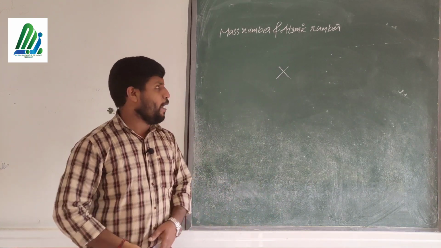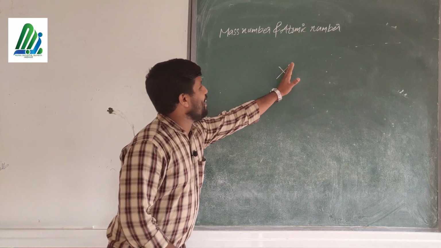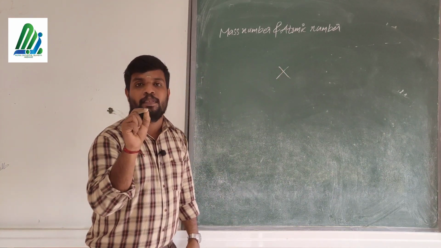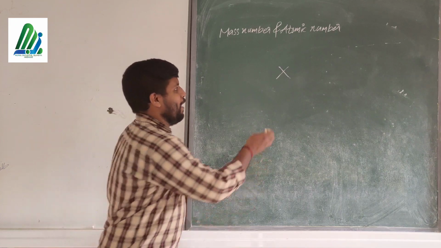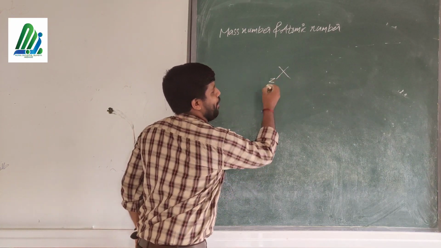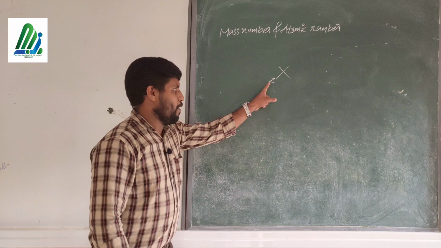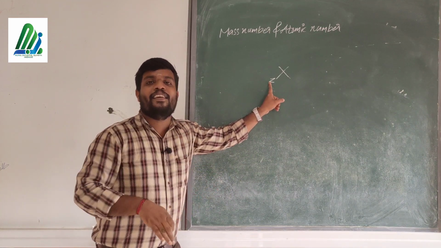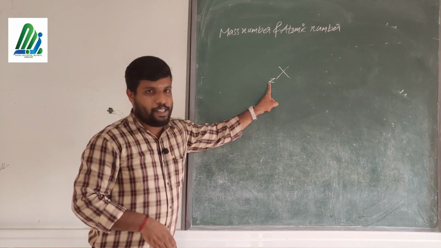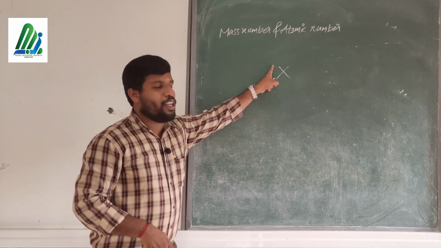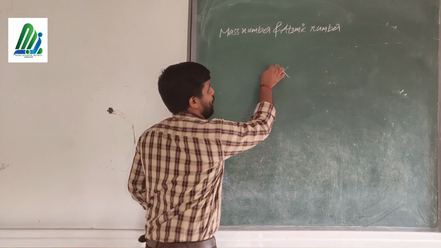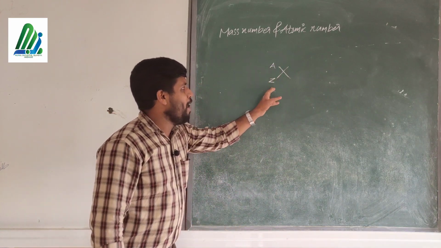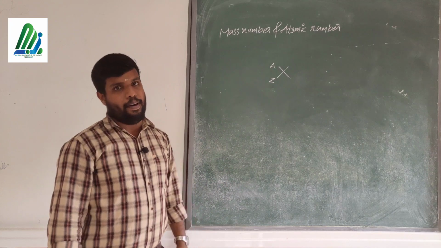On the left side at the bottom, you write the atomic number, the value. And at the top, on the left side, we write the mass number. X is an element, this is the atomic number, and here it is the mass number.